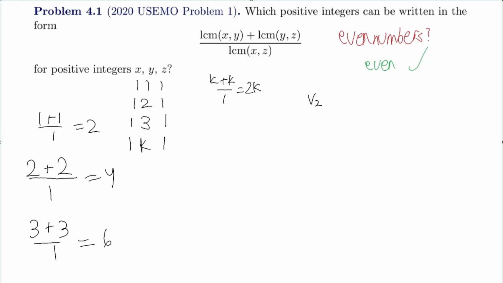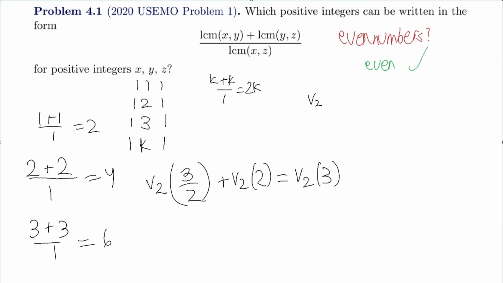But there's a twist, because remember how we constructed the value of 3 halves? So that means that we have this 2 down here. What is the nu2 of this thing here? Because it's not an integer. And to solve that, we can do something like this. nu2 of 3 halves plus nu2 of 2 should be equal to nu2 of 3 by our property.